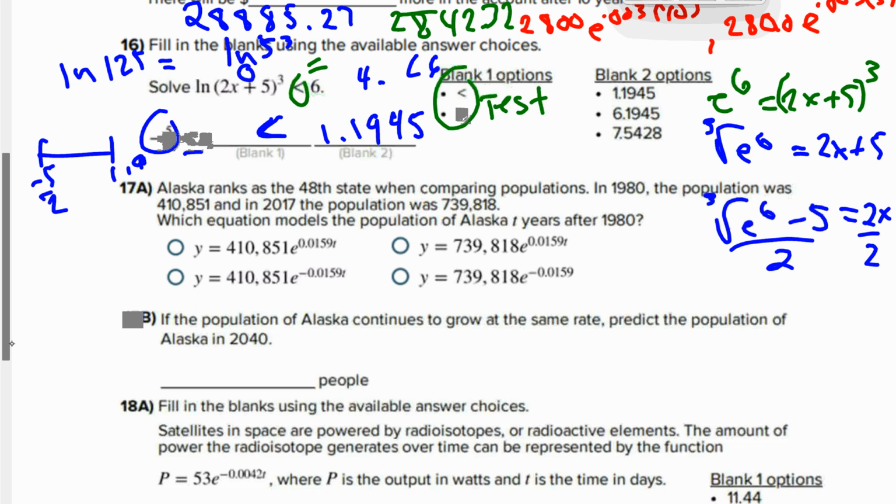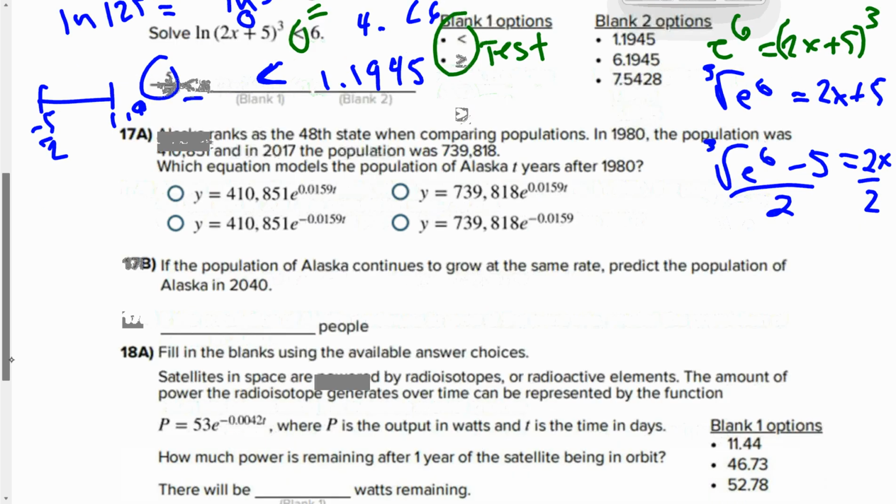Okay, next part, basically I just want to write population, find my original amount, right? Find out what my original amount is, and then maybe find out what my K should be. So Alaska ranks 48th state when comparing populations. In 1980, the population was 410,000 around there, and in 2017 it was 700,000 around there.